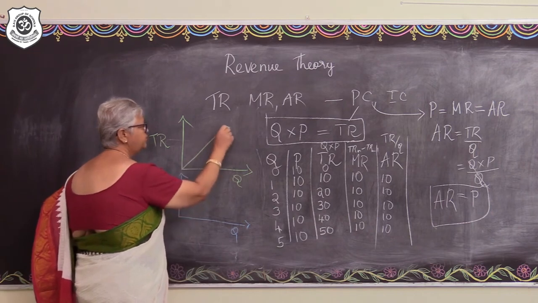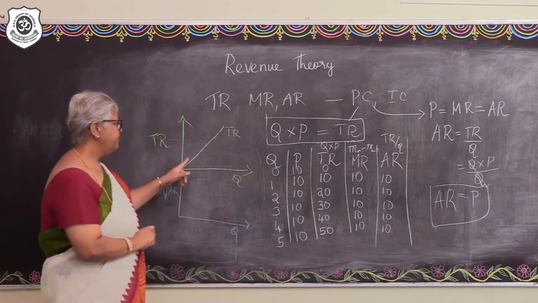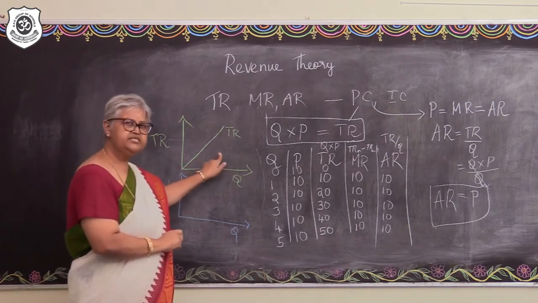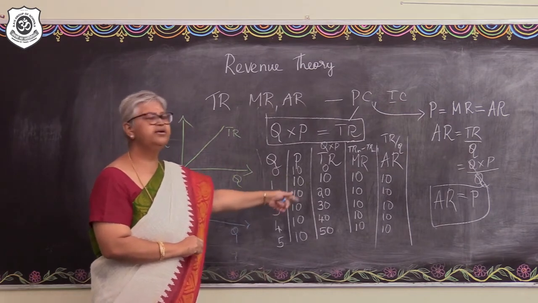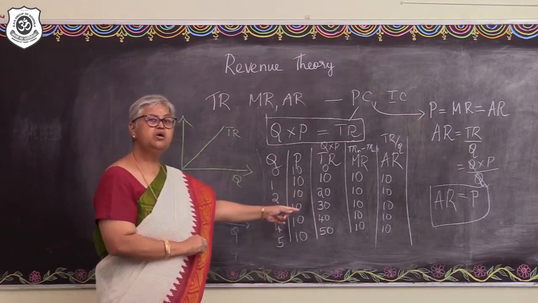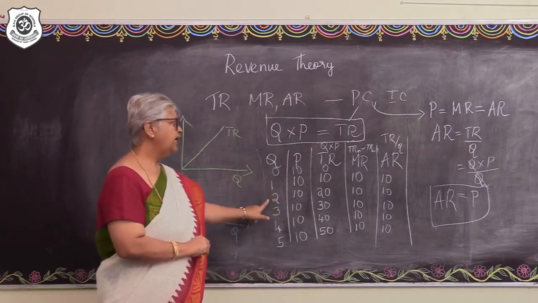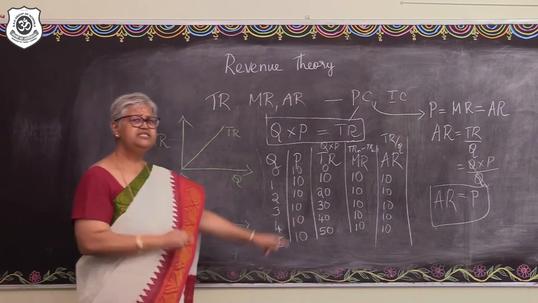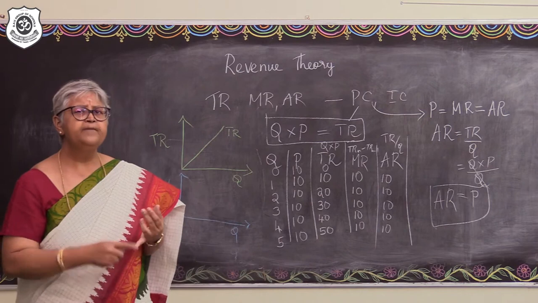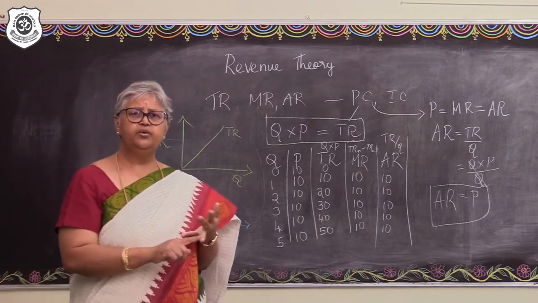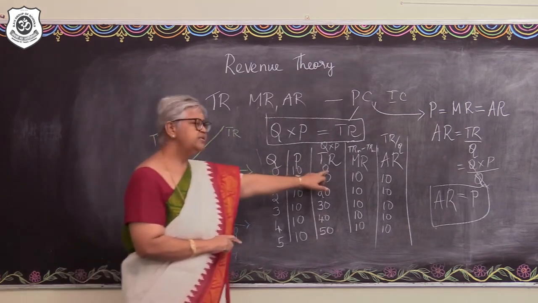So this could be the total revenue curve, indicating that it is increasing at a constant rate due to the fixity of the prices. At fixed prices, the total revenue increases at a constant rate. And there is a direct relationship between the output and the total revenue. Right? So there are some points that we can observe here. Number one, at zero level of output, the total revenue is nil.